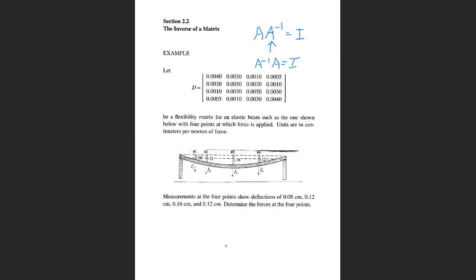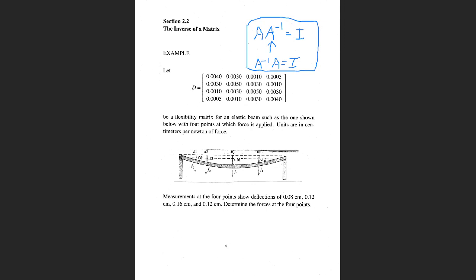And so you learned how to find the inverse. Well, matrix A doesn't always have an inverse, but if it does, you learned how to find inverses of 2x2 matrices, and then 3x3 matrices and higher dimensions.